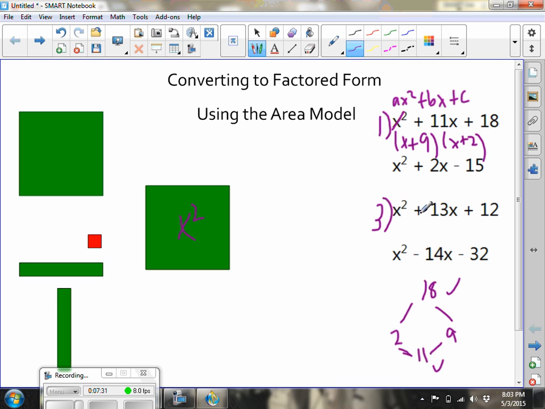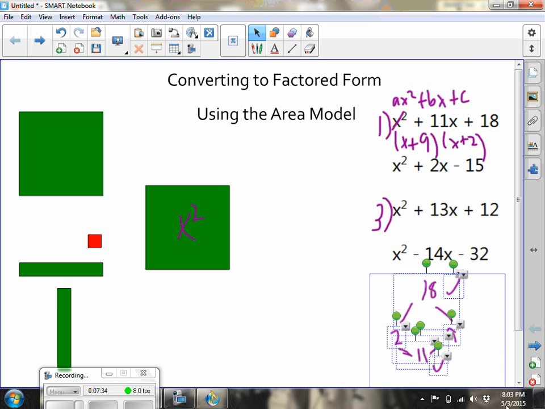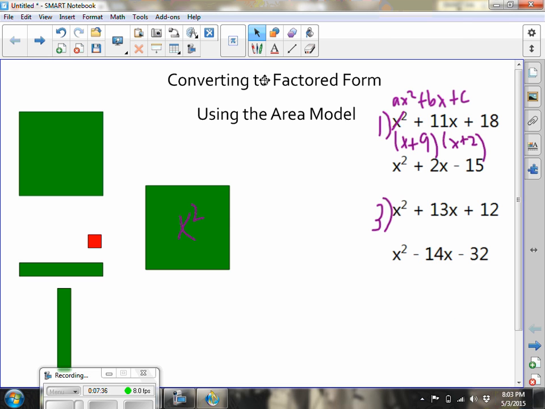I want to arrange 13 linear terms so that I will have 12 constant terms. So I need to think of it as my factors of 12 that will add to give me 13. So I start going through my factors of 12. 1 times 12.